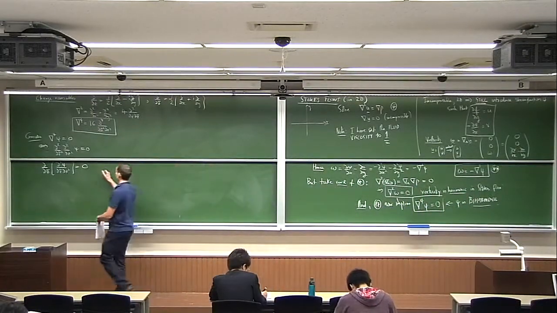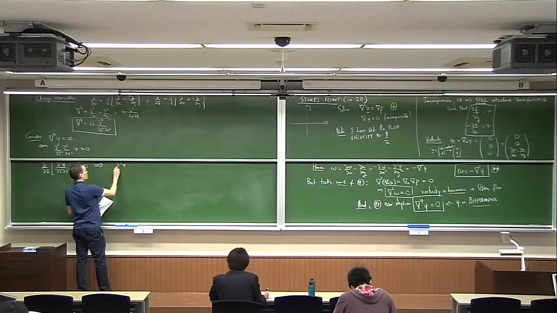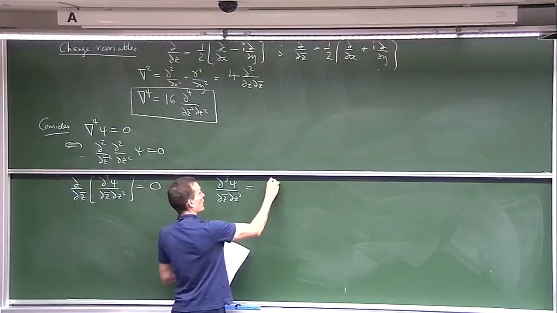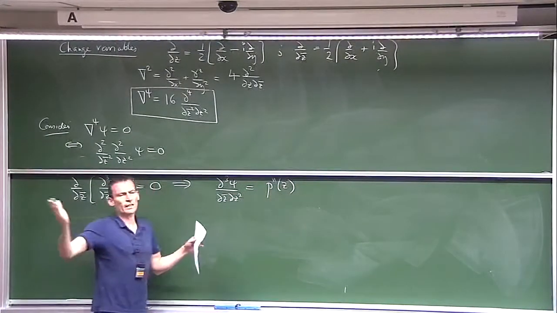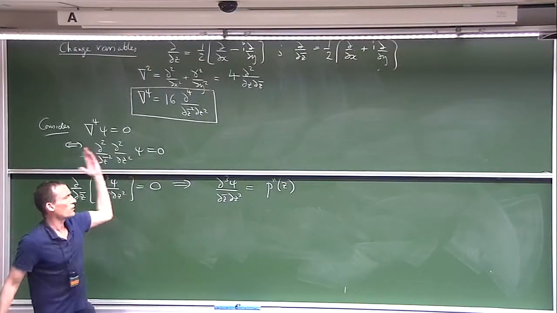So what I'm going to do then is d cubed psi by dz bar dz squared is some arbitrary analytic function. I'm going to call it the second z derivative of some arbitrary function p.